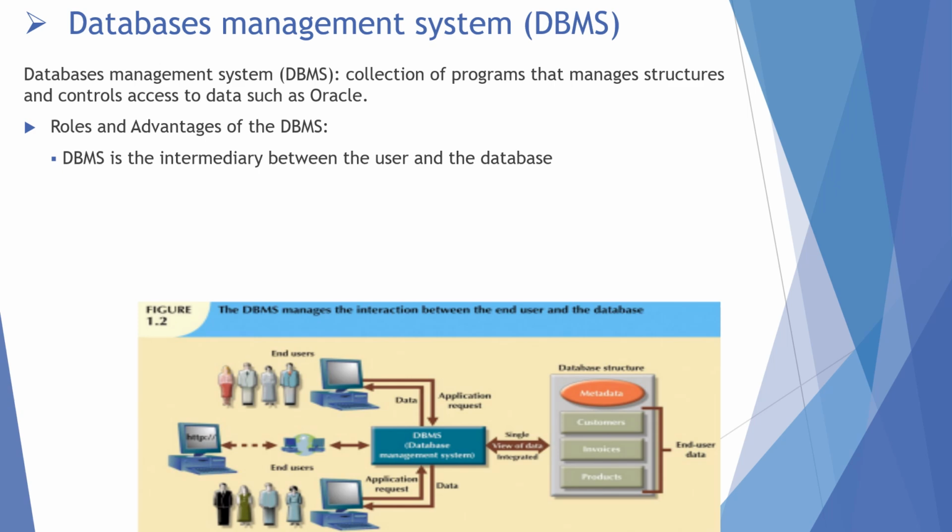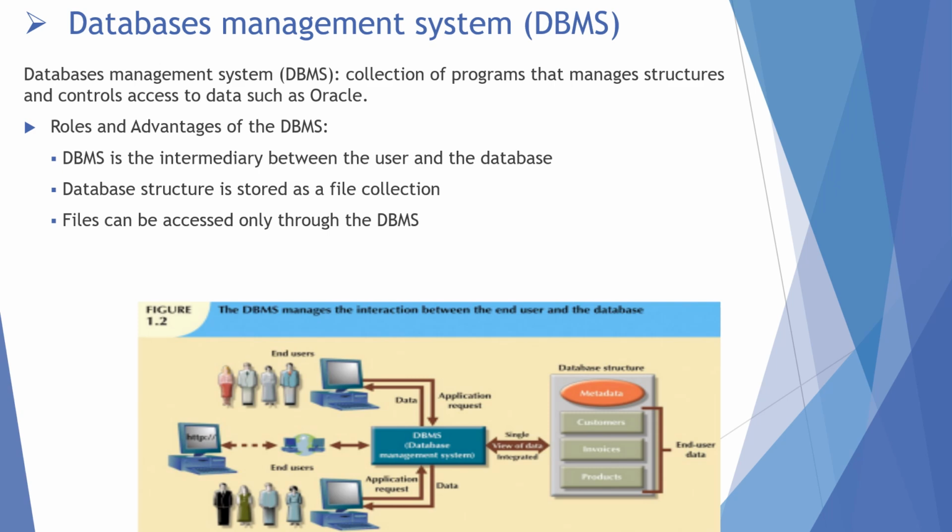The DBMS is an intermediary between the user and the database. The database structure is stored as a file collection. Files can be accessed only through the DBMS. And finally, the DBMS enables data to be shared and integrates many users' views of the data.